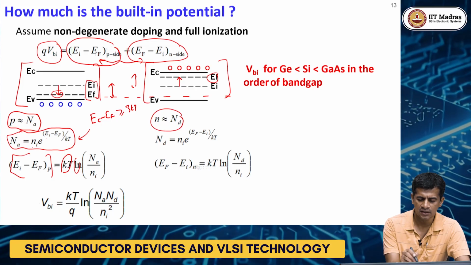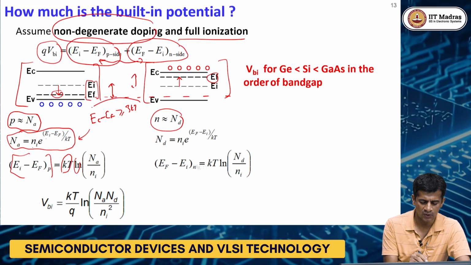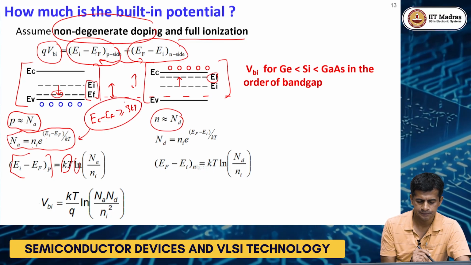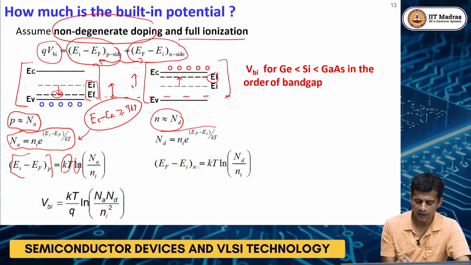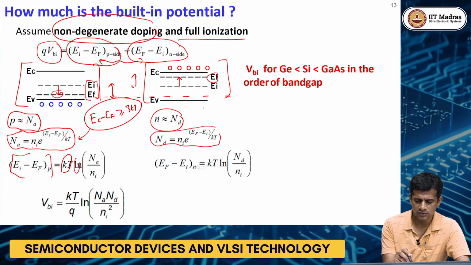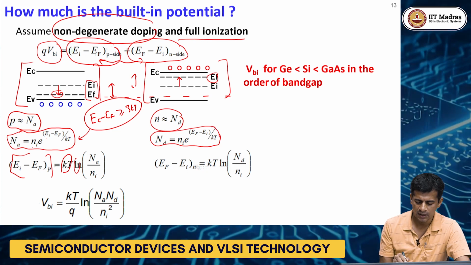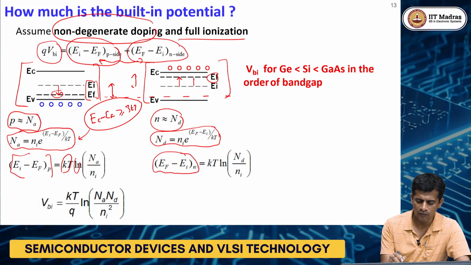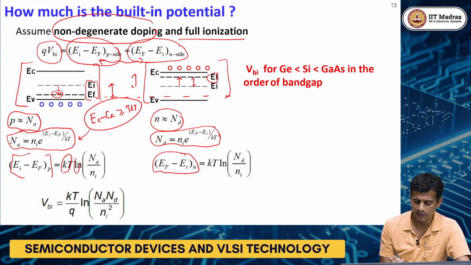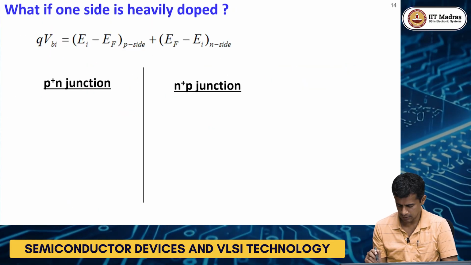The only assumptions are full ionization and non-degenerate doping, so you can use the Boltzmann approximation. You can write the electron concentration here, and then write how far the Fermi level is above the intrinsic level.